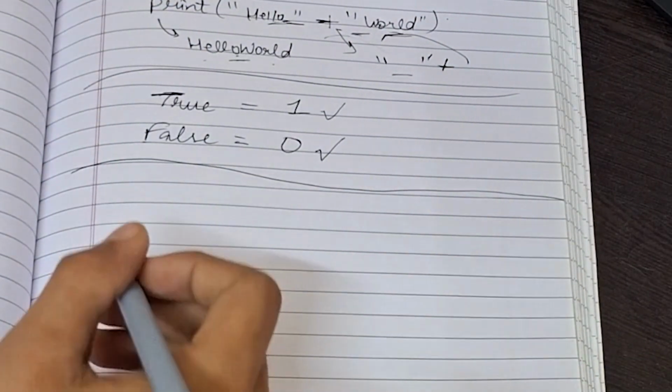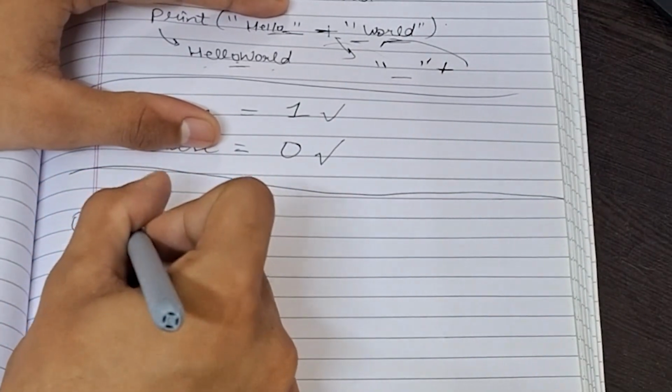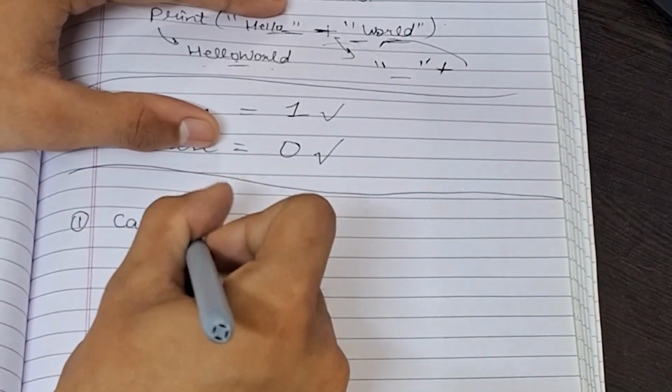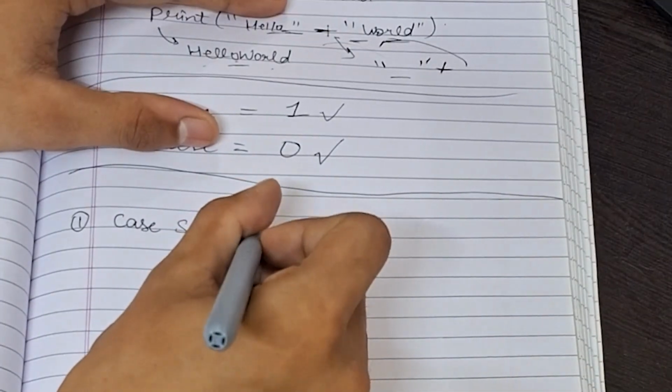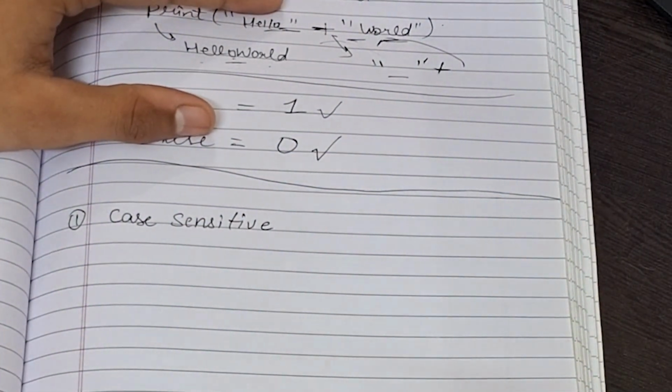The first one is that the variable name is case sensitive, so you need to be precise with the cases.